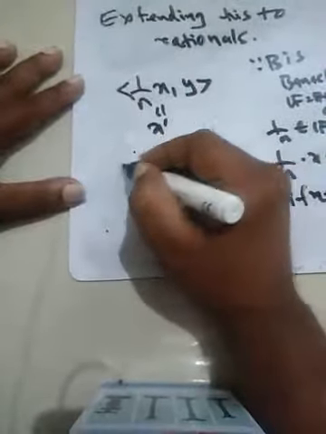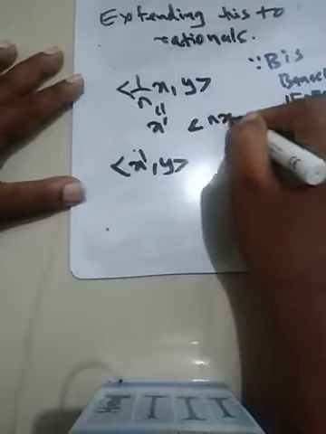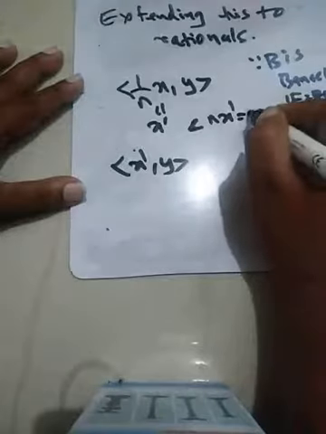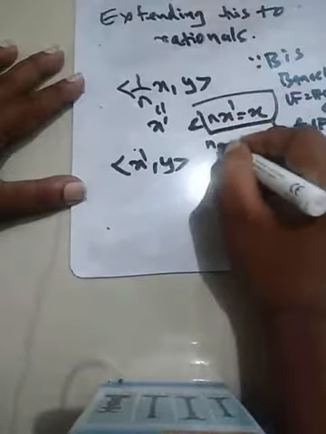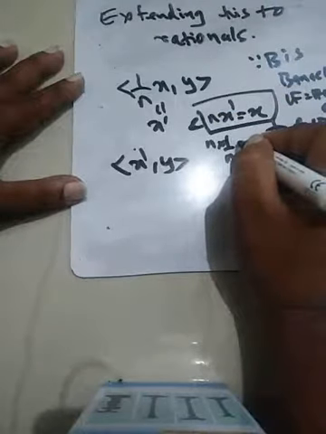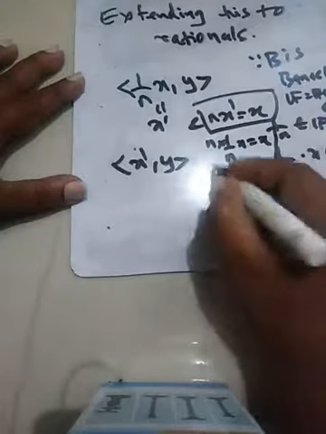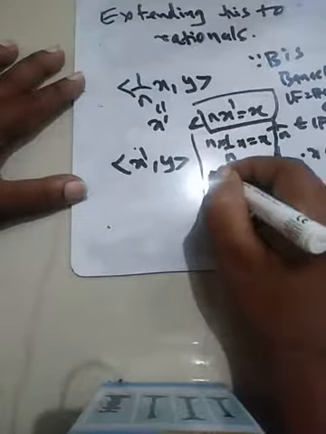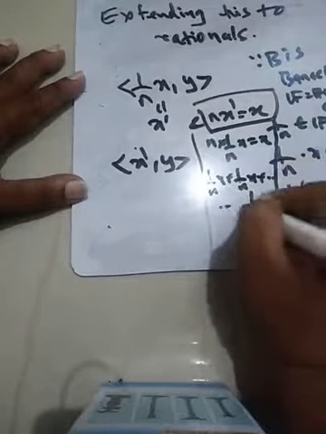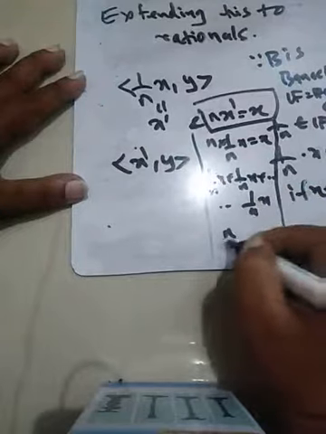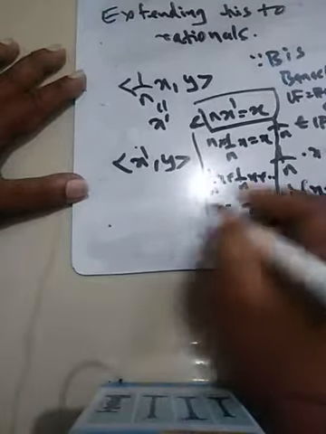Clearly n times x dash is equal to x, because n into 1 by n x is x. This is 1 by n x plus 1 by n x, continued n times, which is n upon n times x, which is x.